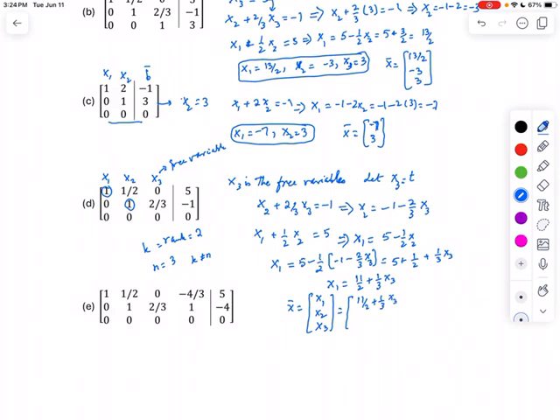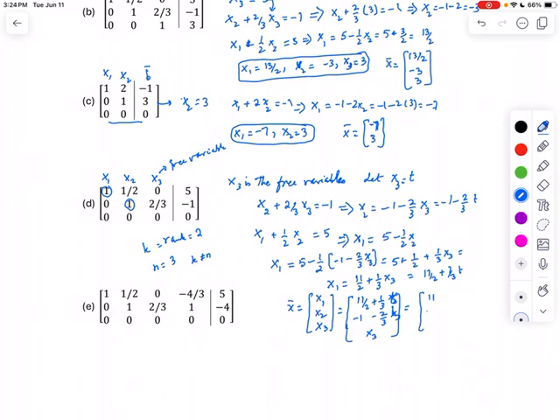It is 11 over 2 plus 1 over 3 x3. x2 is -1 minus 2 over 3 x3, and x3 is just x3. We could also have used the t here, so we could then write x1 will be 11 over 2 plus 1/3 t. So now we can put t here in place of this.